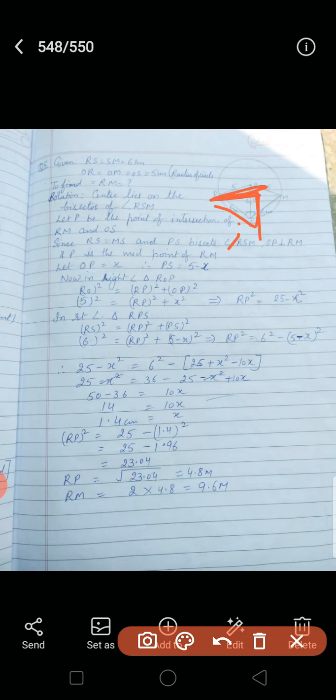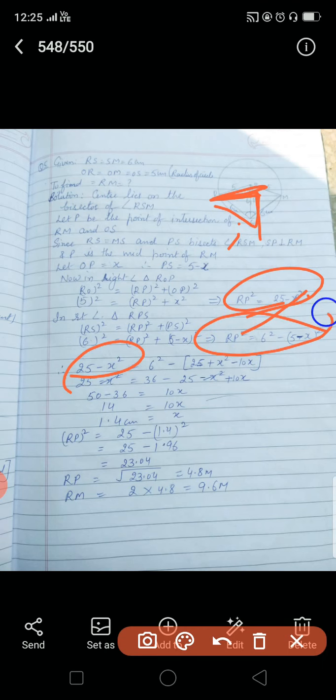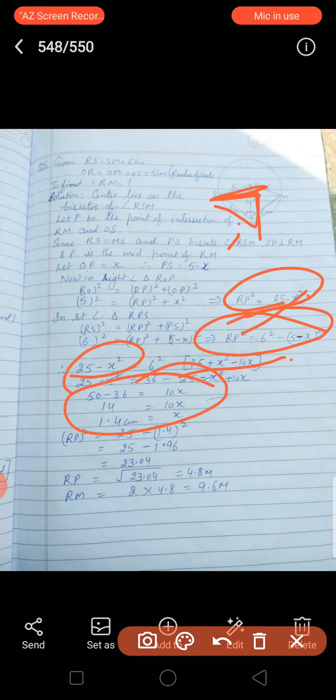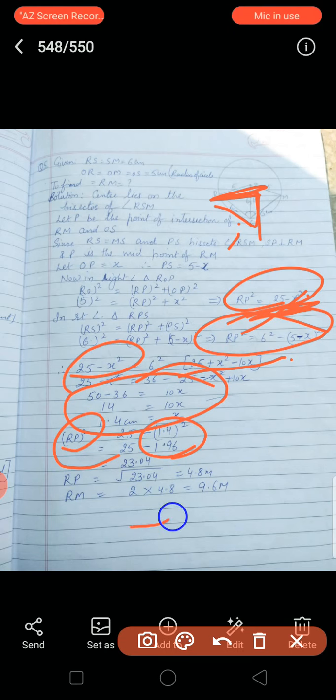Just put the values in the Pythagoras theorem and you get 36 minus (5 minus x) squared. Both are the values of RP squared, so we can equate them, and after solving we get 10x equal to 14, or x equal to 1.4. RP squared is then 25 minus 1.4 squared, that is 1.96, and if you multiply you will get the answer.